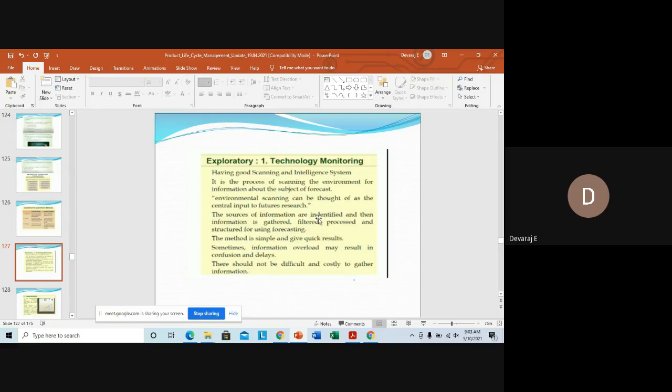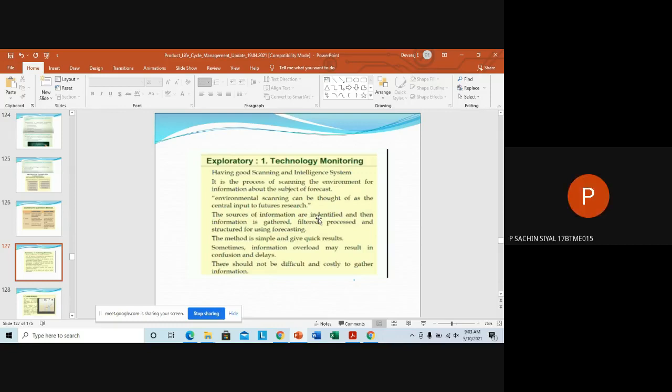Which type of technology is good, then process: first select the best 3 technologies, then update those technologies in the manufacturing of prototypes, around 5 or 6 prototypes. That is processed and structured for forecasting. After selecting these 3 and doing the process, finally you tell which technology is good for our company. I think everyone has understood, right?